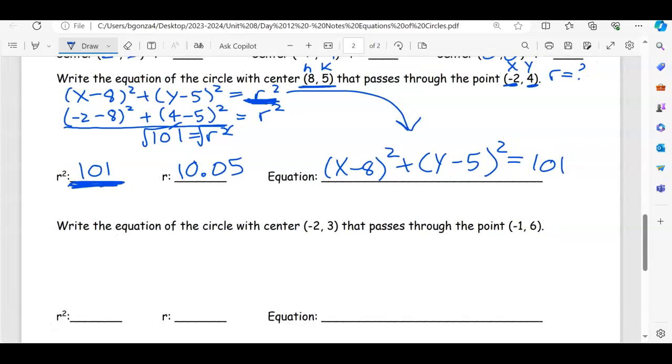Okay, the next one is the same, so I'm going to do this one real quick. I'm going to do the opposite of h and k in my equation. (x plus 2) squared plus (y minus 3) squared equals r squared. I'm going to plug this in as x and y.